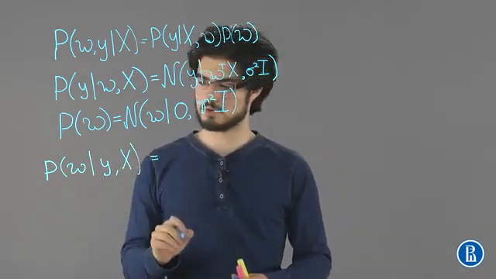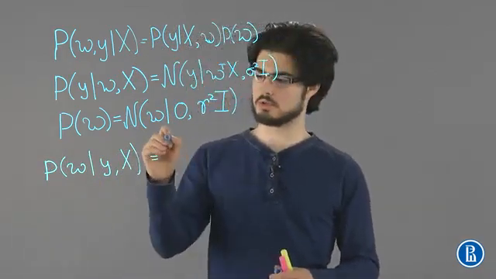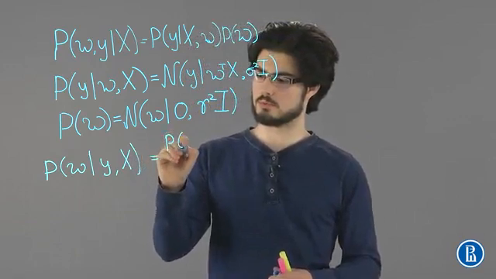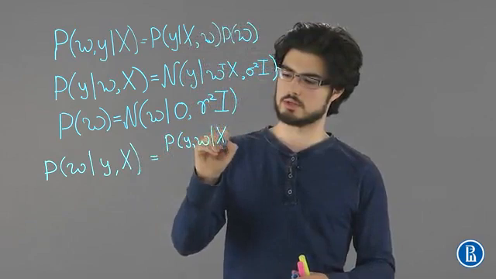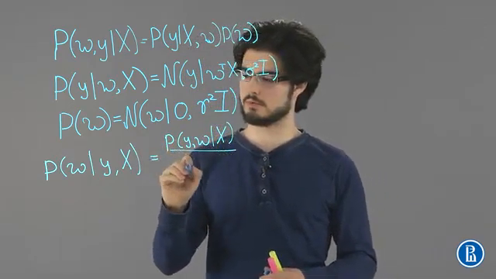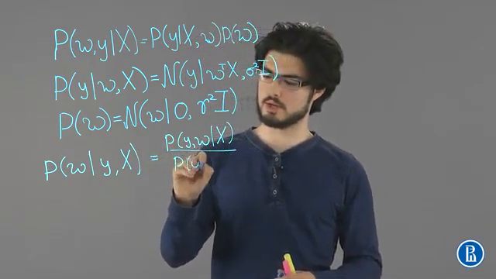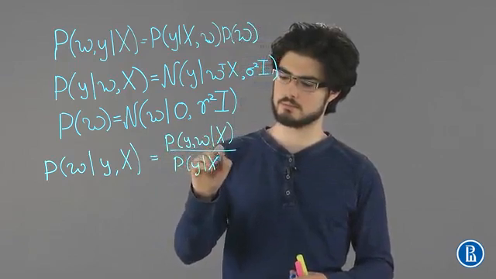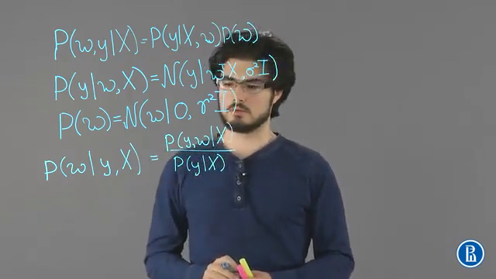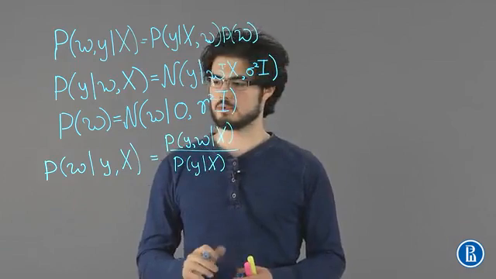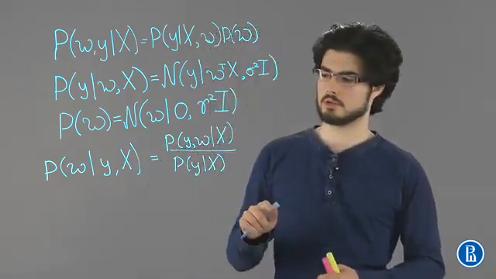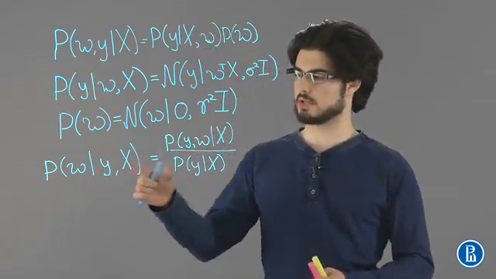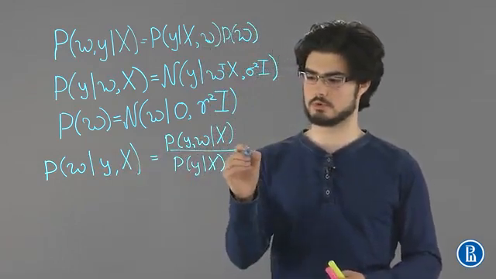So using the definition of the conditional probability, we can write that it is the probability of y and w given x over the probability of y given x. So let's try not to compute the full posterior distribution, but to compute the value at which there is a maximum of this posterior distribution.